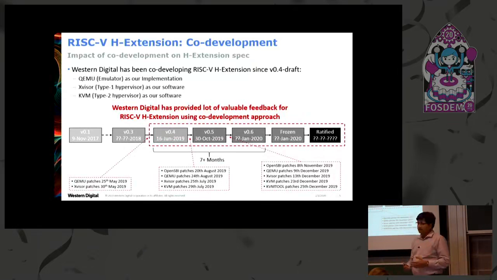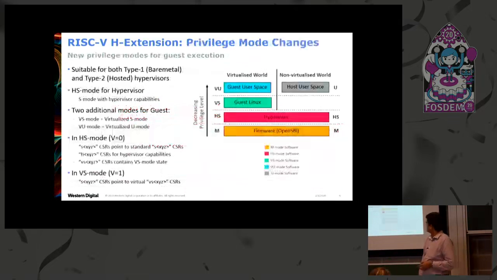Most of the feedback is around the feasibility of software implementation or actual implementation, and how performance is impacted. The smaller boxes below have fonts that are not readable, but these are the different patches that were upstreamed at different points in time. We are expecting a 0.6 release soon, and it will go into frozen state with that.